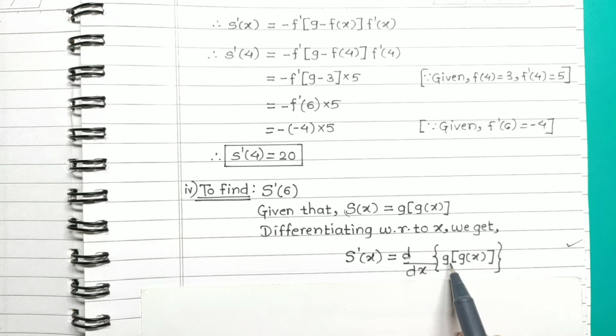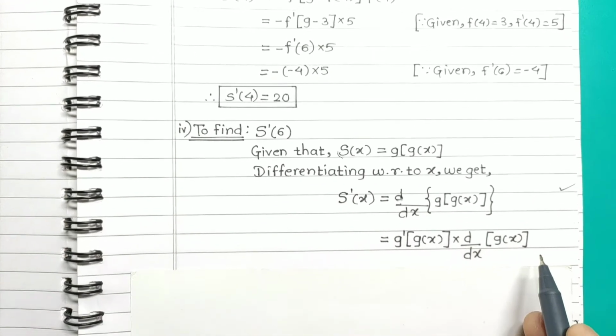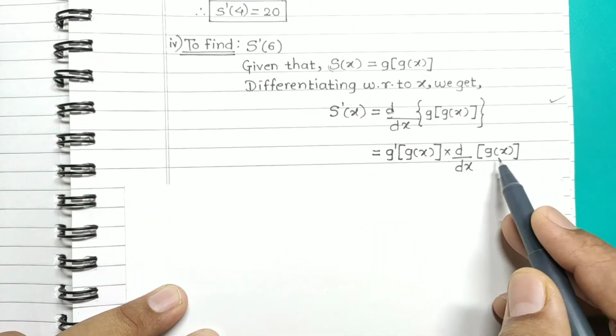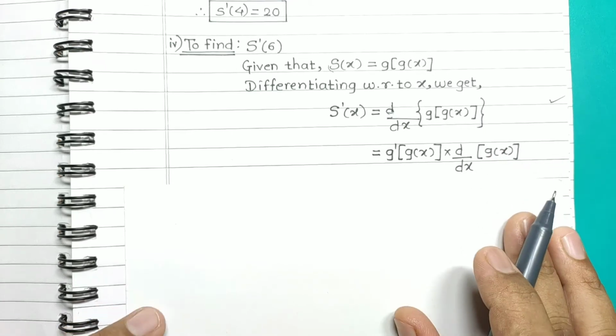So let's treat this function as g of something. So its derivative is g dash of something into derivative of something. Okay, and that something function is g of x.